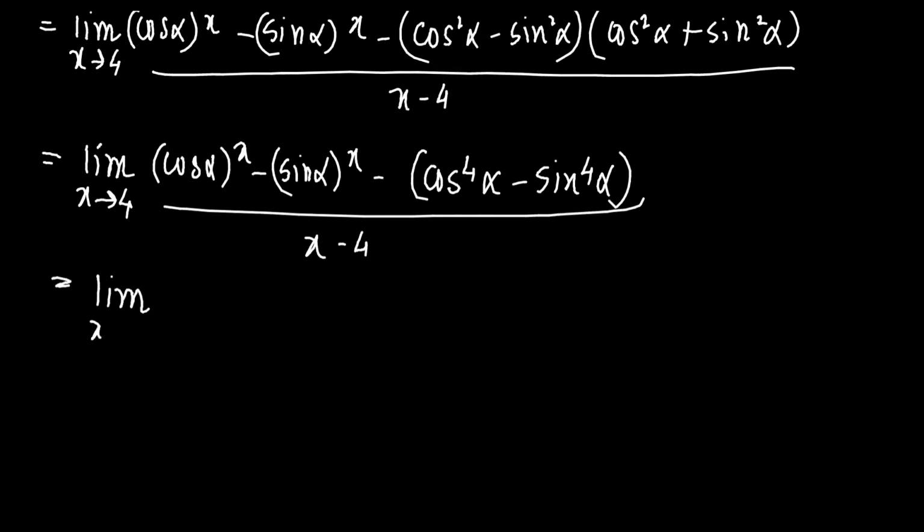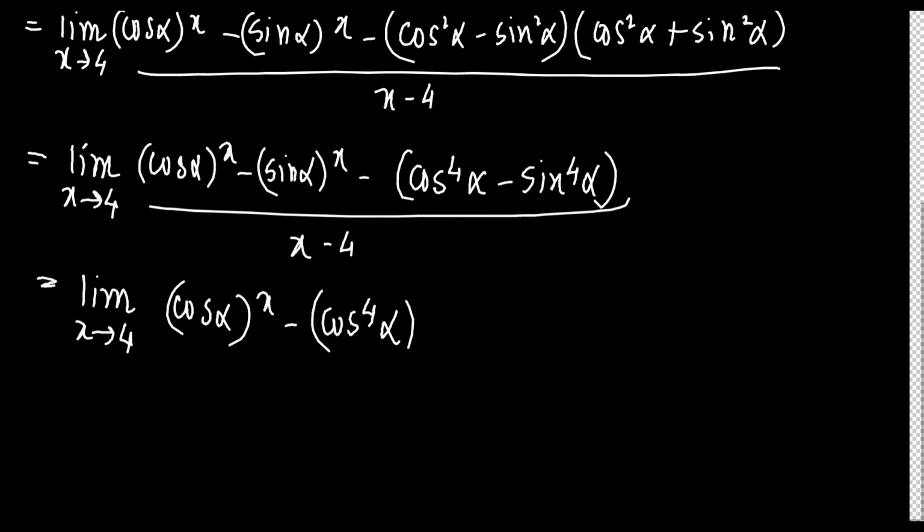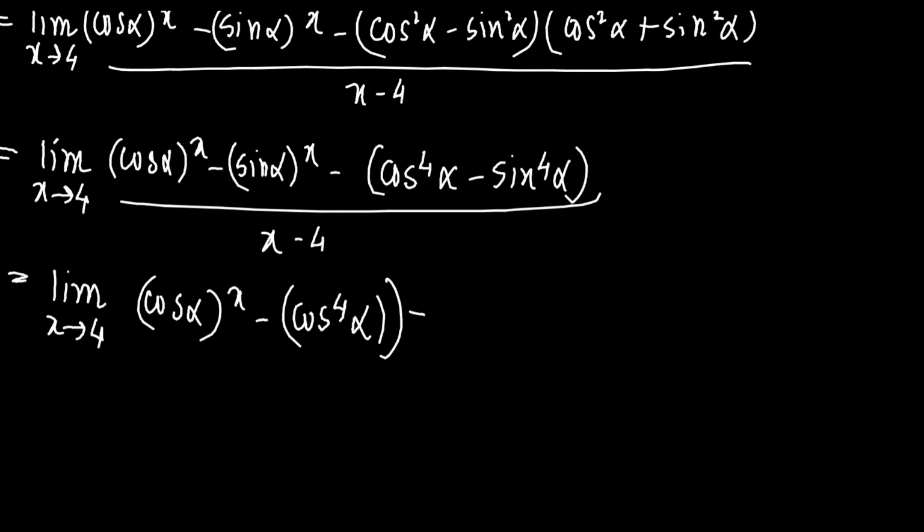Now it is limit x tends to 4, cos alpha to the power x minus cos 4 alpha minus, taking common, sin alpha to the power x minus sin 4 alpha.